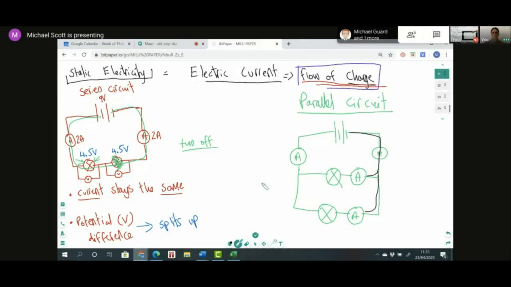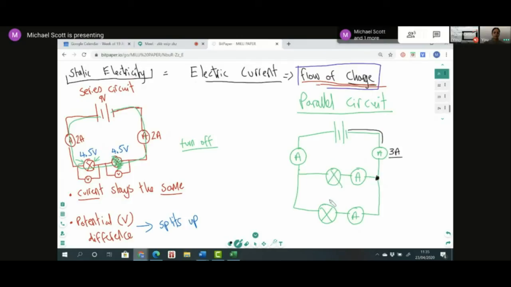I'm just going to undo what I did before. There you go. Let's say on this ammeter here, we got a reading of 3 amps. That's the current coming out of the battery here. Once that current gets to this junction here, depending on the resistance of the light bulb, the current is going to split up.